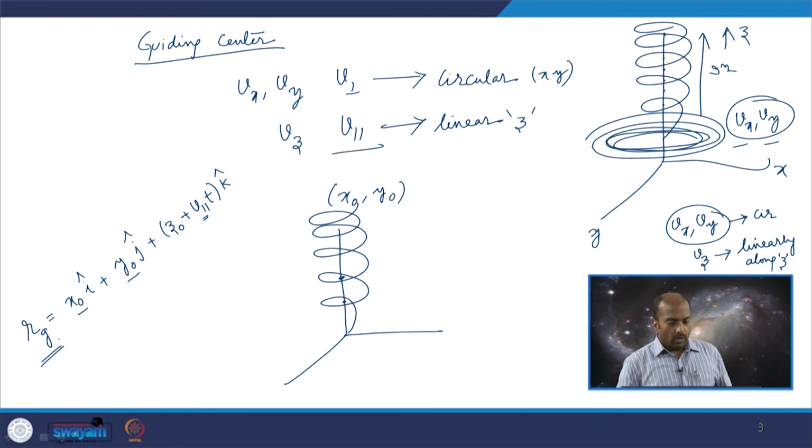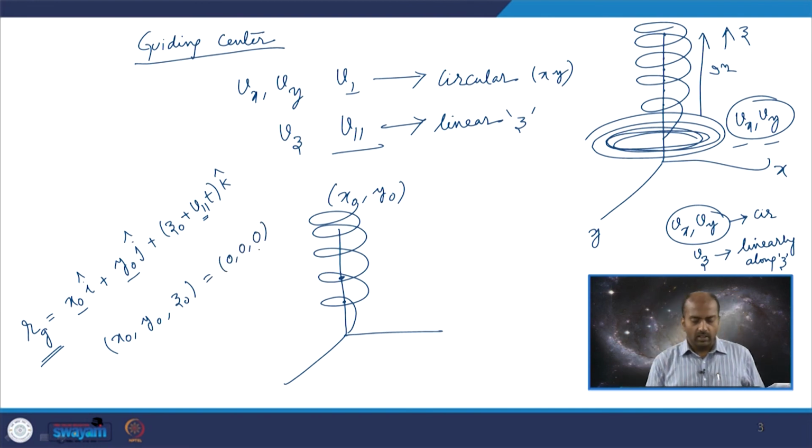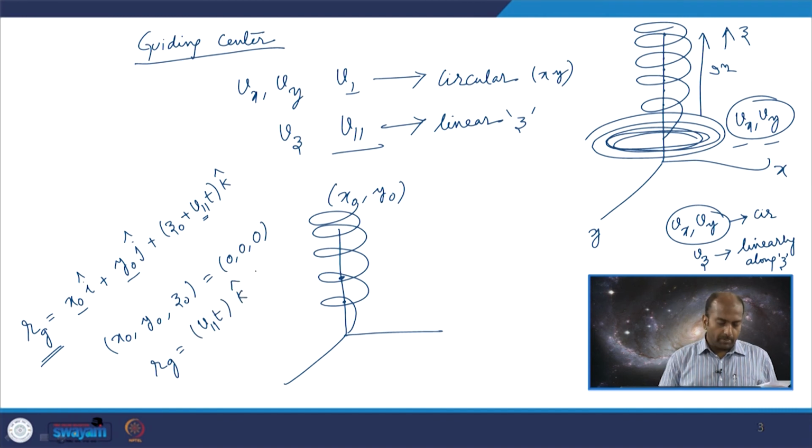Generally, if the particle enters the field at the origin, x0, y0, z0 are treated as 0, 0 and 0. In that case, the expression for Rg simply becomes v parallel t along k cap. Hence, the guiding center is moving along the z direction.